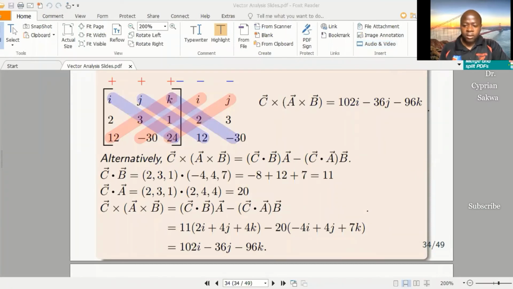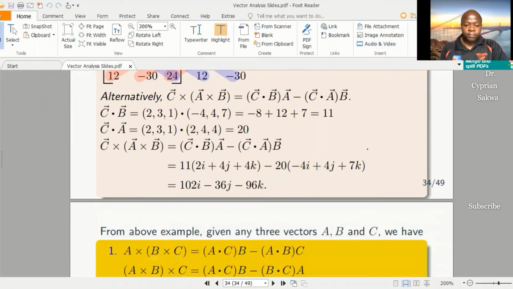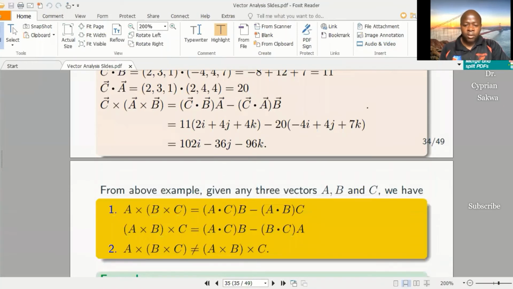Let's look at some points from what we've already done. From this example, we discover the following.